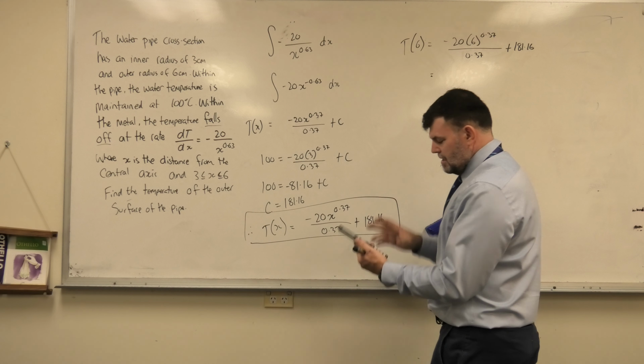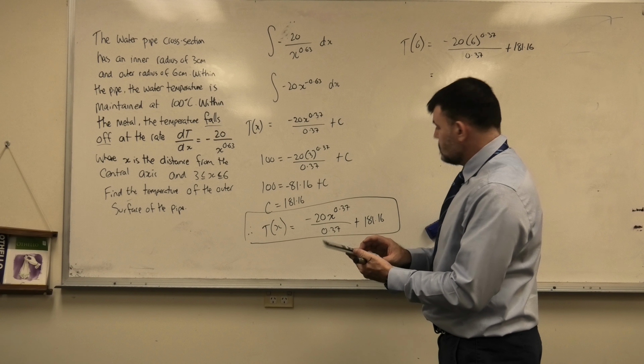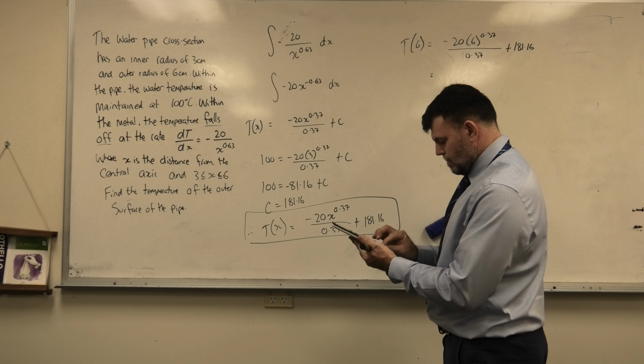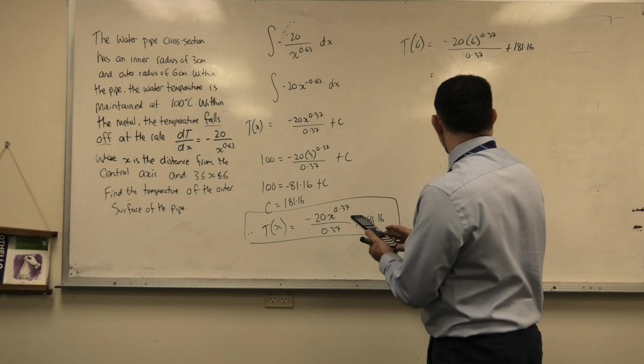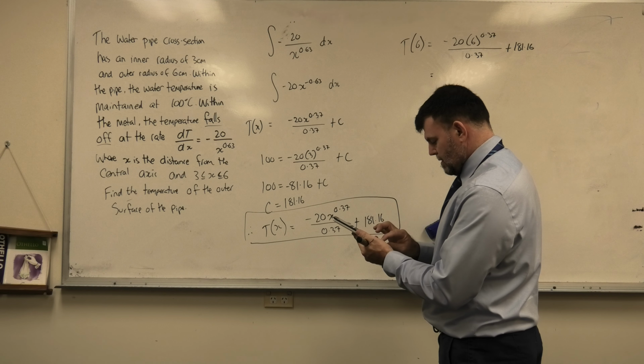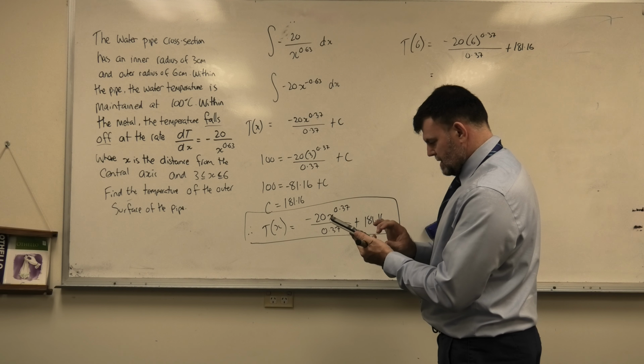So let's plug this in. Negative 20 times 6 to the power of 0.37, over 0.37, plus 181.16.